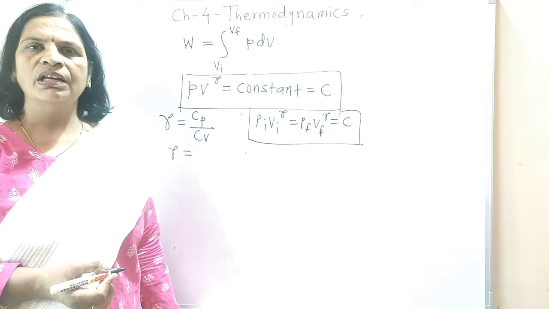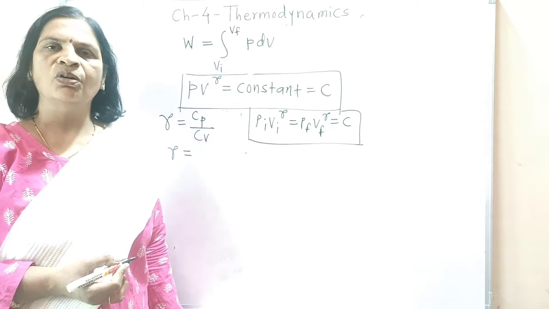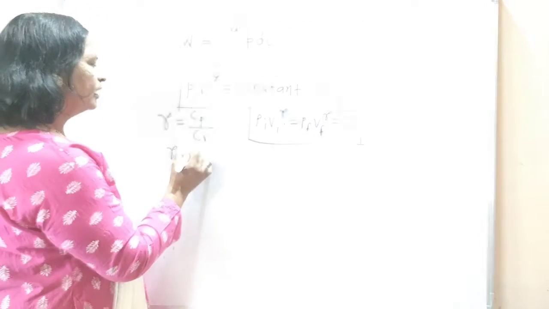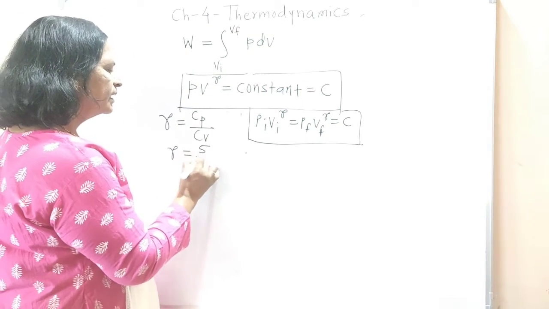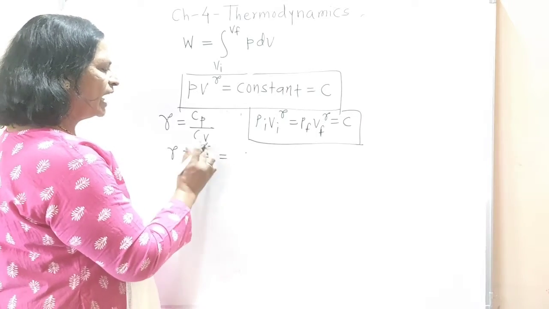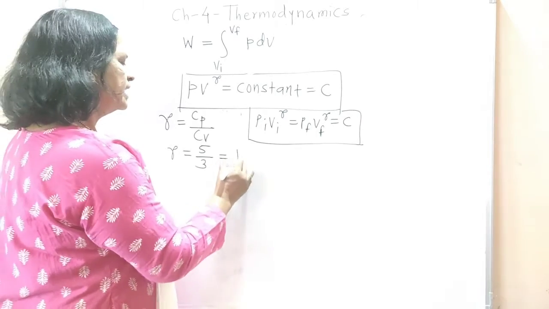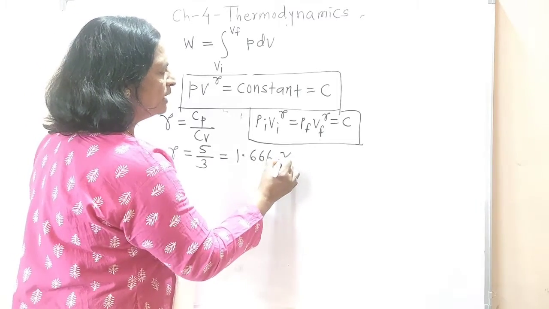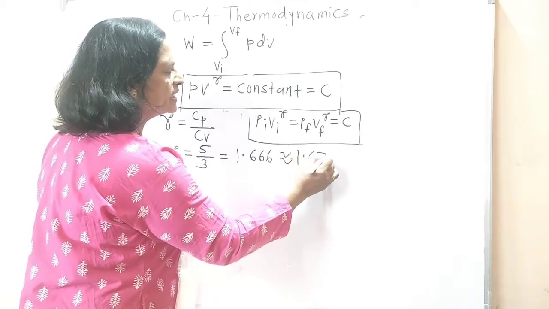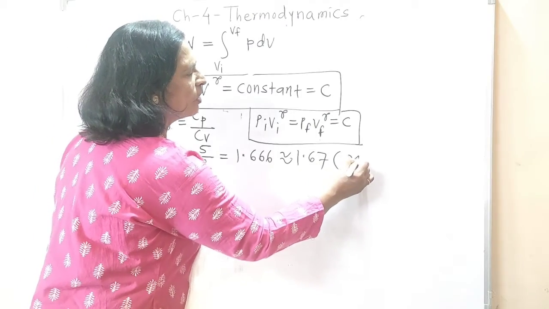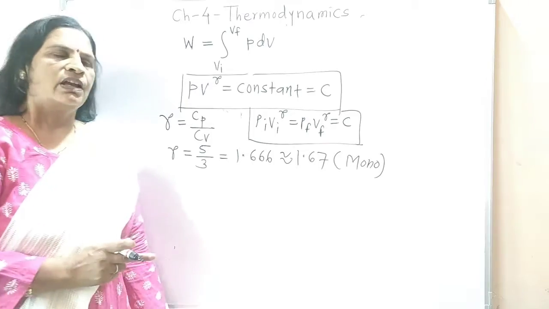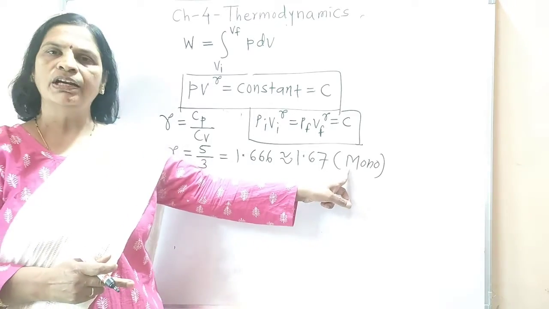Helium, neon, argon, krypton, xenon are all monoatomic gases. Then gamma for monoatomic gas is 5/3. If we calculate this value, that is nothing but 1.666. Approximately we can write 1.67. This is the value of gamma for monoatomic gas.